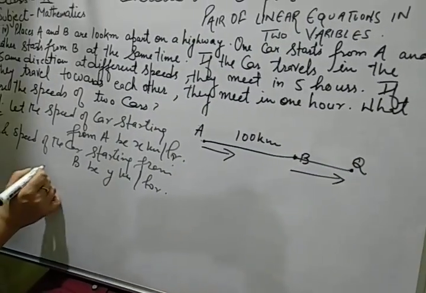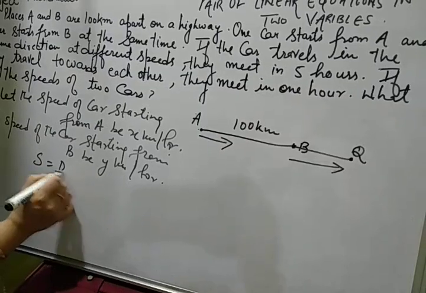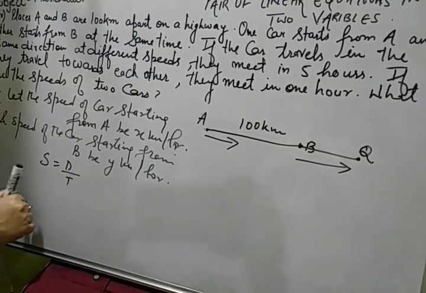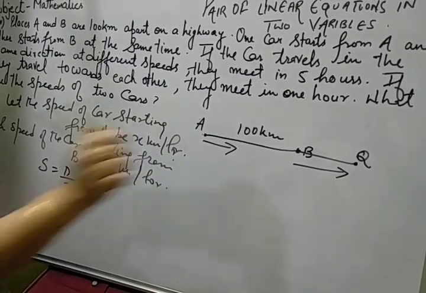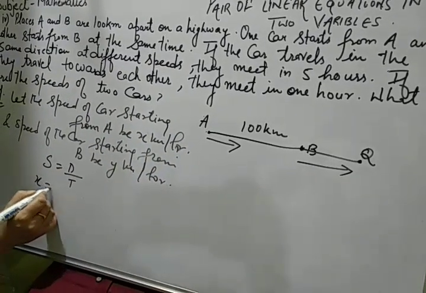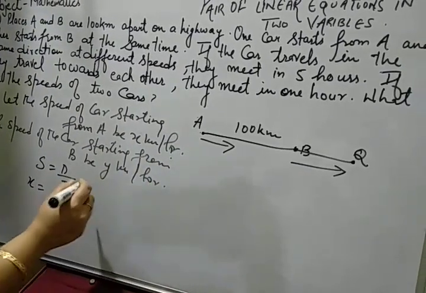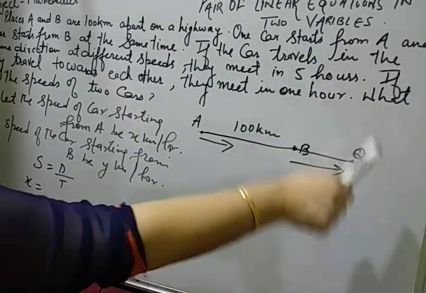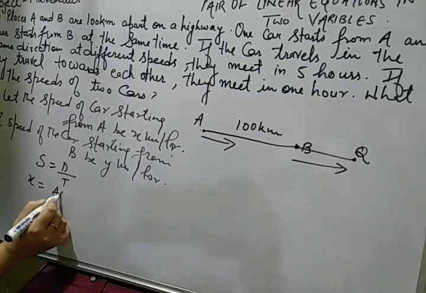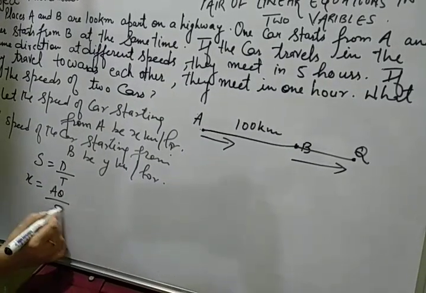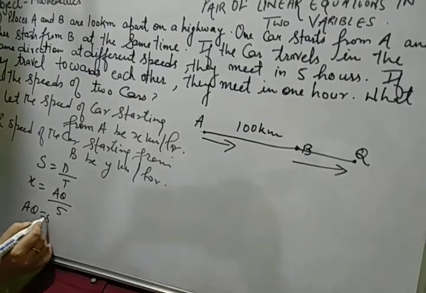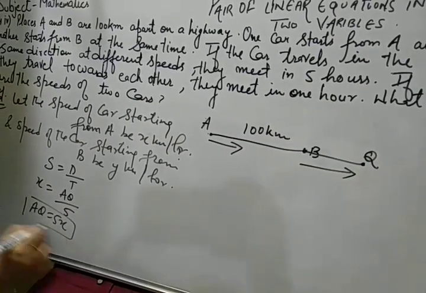Now we know that speed is equal to distance upon time. Speed of car A is x. Distance covered in 5 hours is AQ and time is 5. It means AQ is equal to 5x.